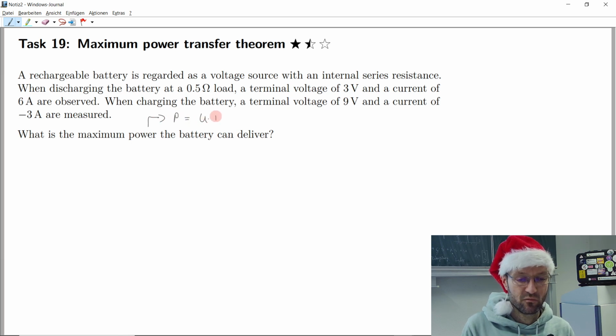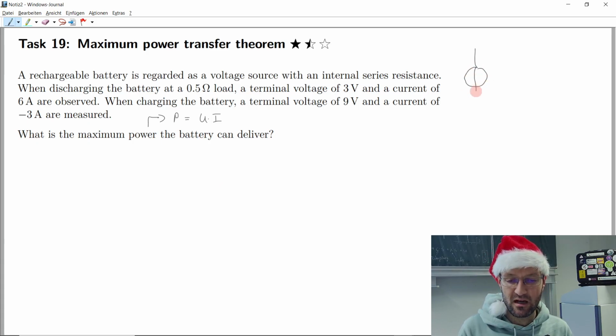is current times voltage. And if we draw a schematic for this, okay, we have our ideal source inside the battery. Then we have this inner resistance inside the battery. And then we have the terminals of the battery, and then we have our load resistance or load resistor.